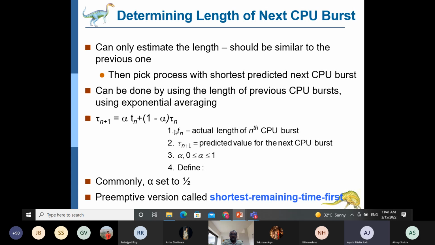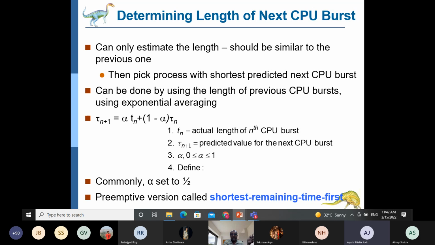Right? So t of n is the actual length of the nth CPU burst, and tau of n plus 1 is the next CPU burst we want to predict. That we have no idea about; we have to predict it, because now you are assuming the nth instant is over. At the n plus 1th instant, you have several processes, so for every process we need to compute tau of n plus 1.